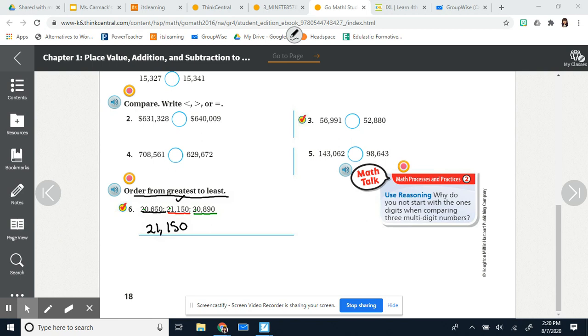Okay, now we need to look at 20,650 versus 20,890. All right, so I looked at the 10,000s and thousands place. So now I'm going to look at the hundreds place. We have a 6 versus an 8. Between 6 and 8, 8's bigger. So that means I'm going to have 20,890 next.